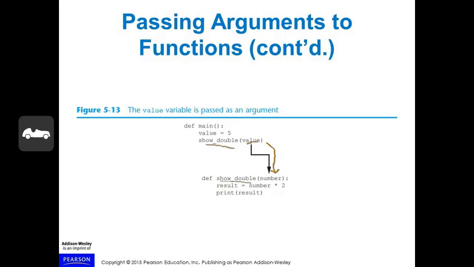So this number is now assigned to be the same data, the same value, as this value variable. And show double will just use this parameter, calculate double the result, and then print the result. So this is how you pass an argument value to the function that's being called.